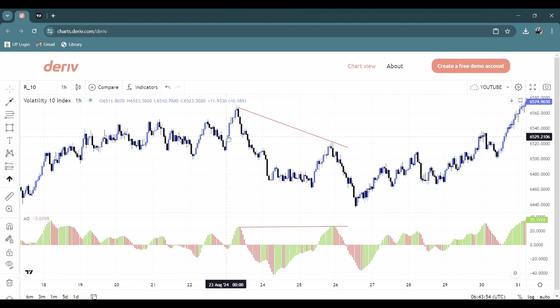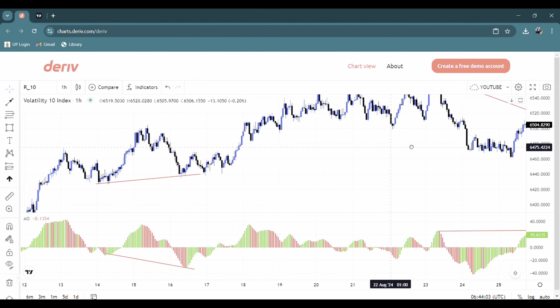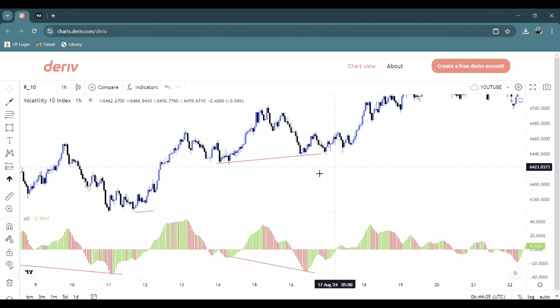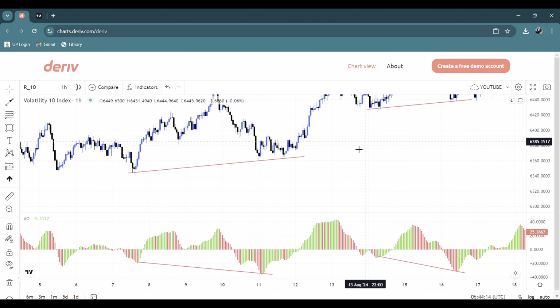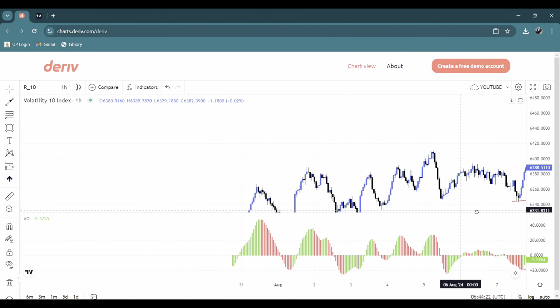Another example, downtrend, the market is making lower lows, whereby the awesome oscillator is making higher highs, as you can see. Another example, the market is in an uptrend, the price is making higher highs, whereby the awesome oscillator is making lower lows. Another example, uptrend, the market is making higher highs, whereby the awesome oscillator is making lower lows.